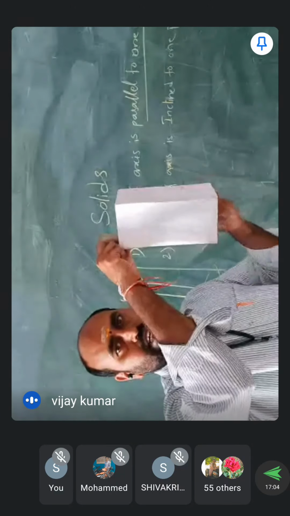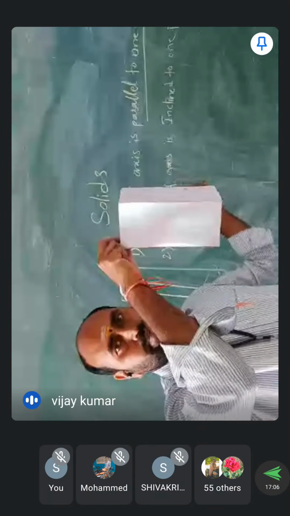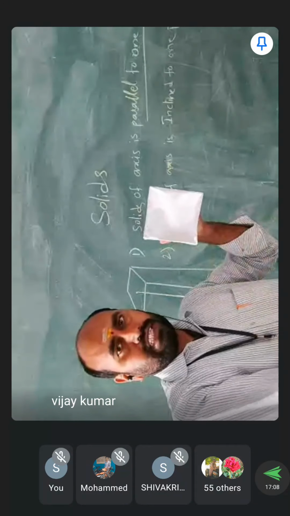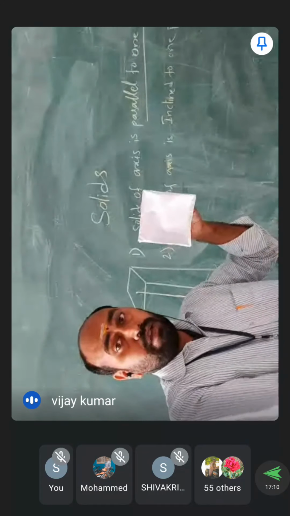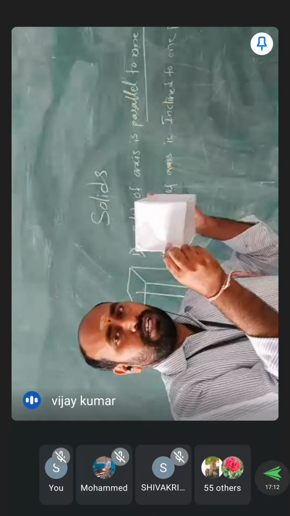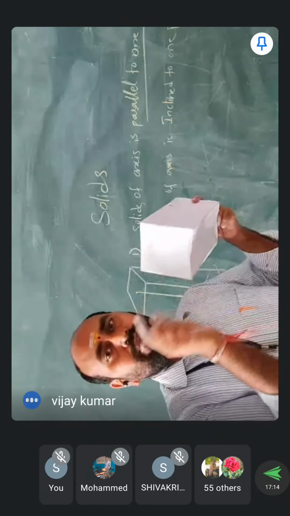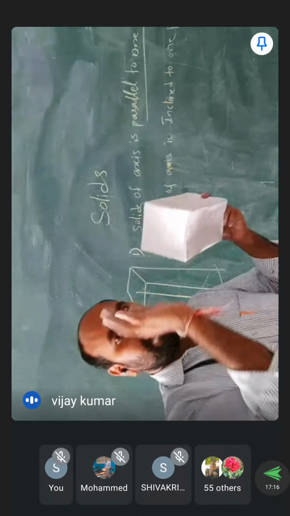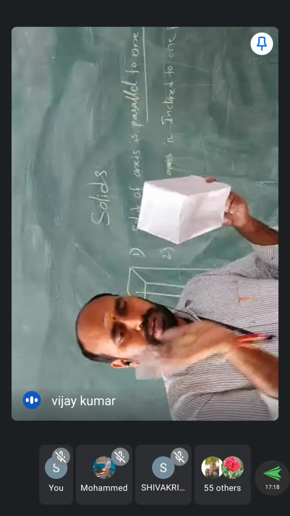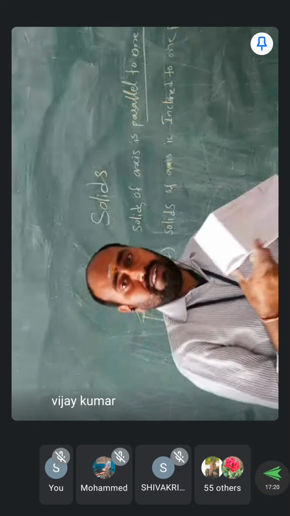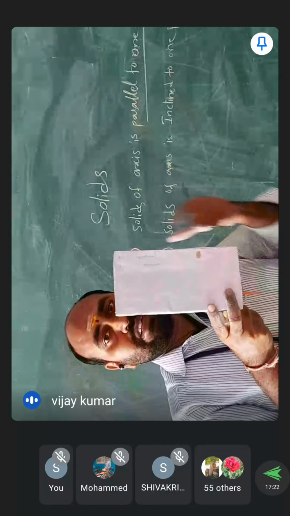If you are keeping it like this, it is parallel to VP and perpendicular to HP. If you are keeping it like this, the axis of the square prism is parallel to HP and perpendicular to VP. Based upon this condition, we are going to do some problems.